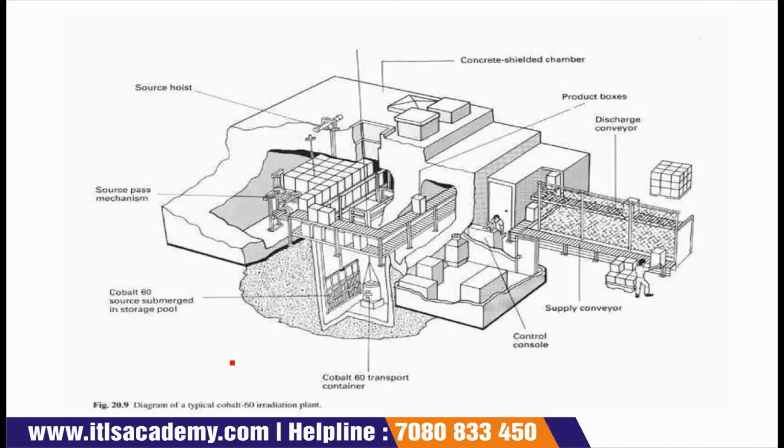You can see this is a diagram for the radiation sterilization. This diagram is of a typical cobalt-60 irradiation plant. This is the source hoist. It has a concrete shielded chamber. You can see walls, and the thickness of walls as we have studied is 2 meter.